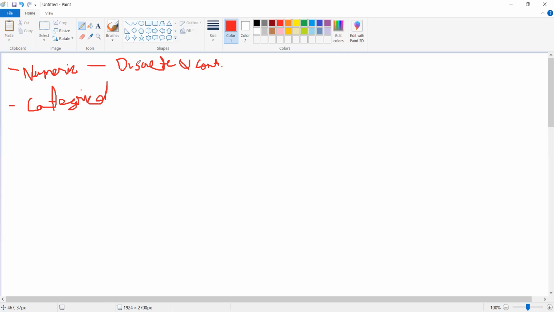Such data is called continuous data, where the value is actually continuous. There is no end of the value, right? Your temperature, your pressure, your height, weight, these are all continuous data. Discrete data is where you will find an exact value. It will not be 75.44444, right?